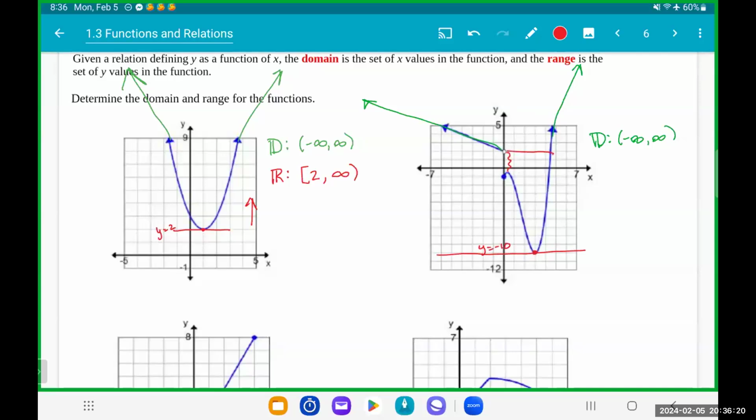Well, that space is actually covered by this graph. So I don't have a jump in the graph here. So my range for this graph will include negative 10, and it'll go all the way up to positive infinity. Okay? Question.